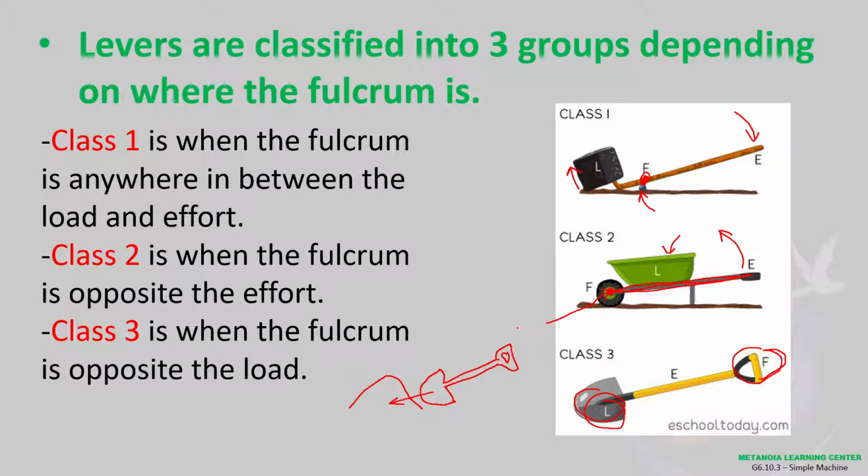Then if you notice kapag yung fulcrum nyo, your other hand, you tend to grab this part of the handle. And your other hand, dito nyo nilalagay this part, in between this part. Actually, the nearer you are to the load, the better. And then nililift up nyo yan.